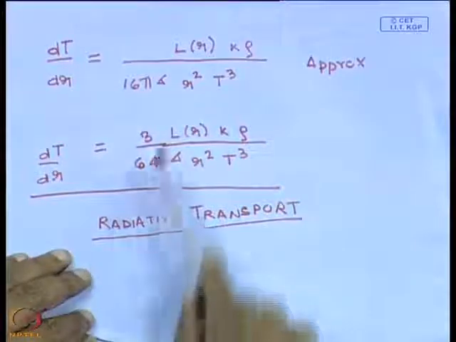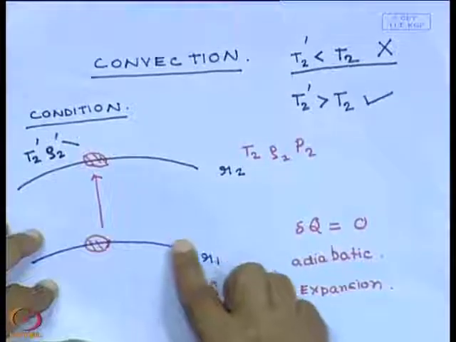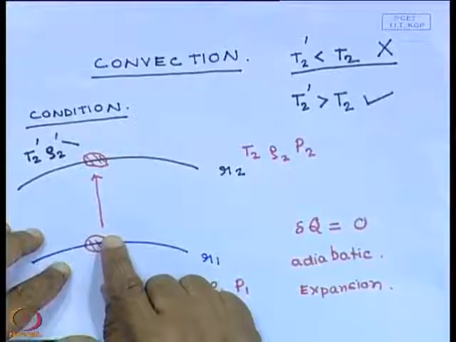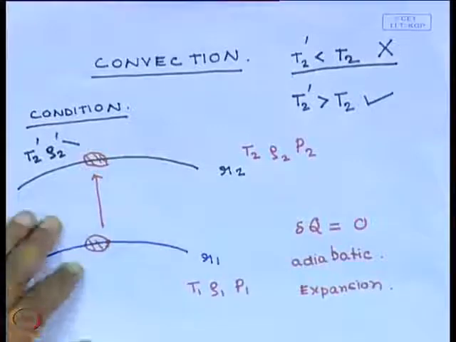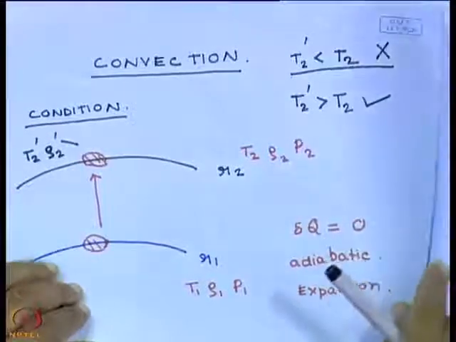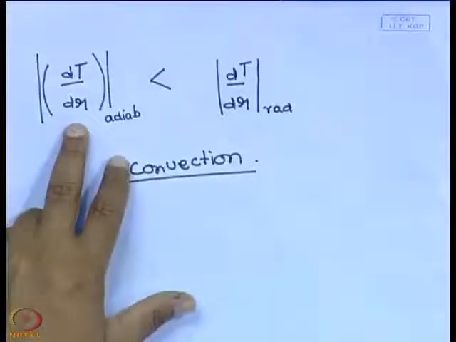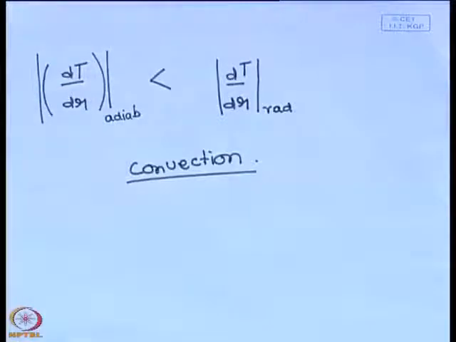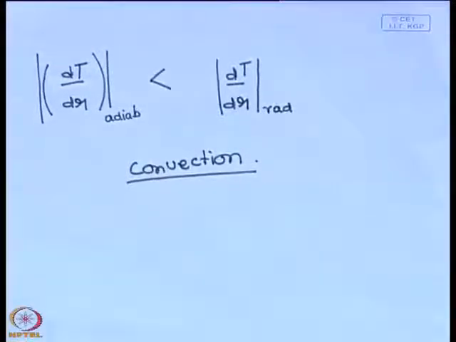So, if the luminosity at this point becomes so large that the required temperature gradient exceeds the adiabatic value, the temperature gradient due to adiabatic expansion, then you have convection setting in.